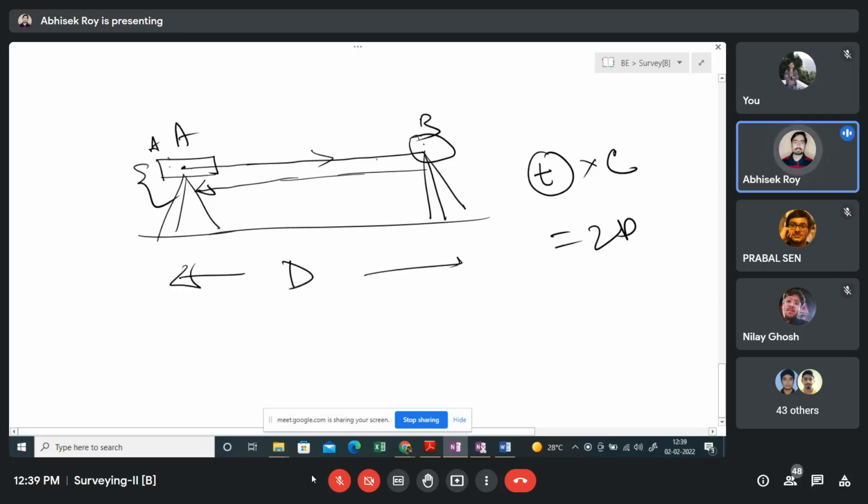Why? Because the wave is already traveling D, it is reflected, then it is coming back again. So it is traveling 2D, and for that you are getting the time interval between the first wave which is generated and the one it is receiving. So if you multiply that by C, you will get the distance 2D. If you divide that by 2, you will get the actual distance.